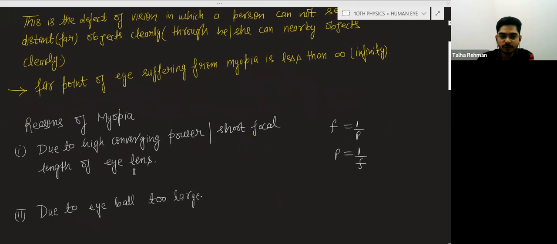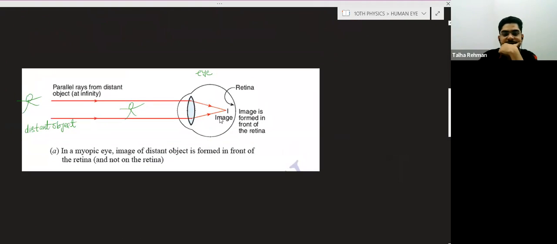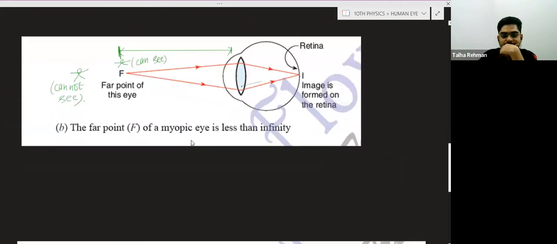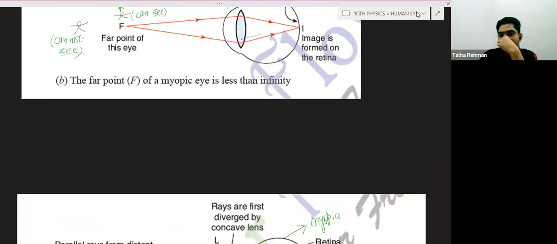What are the reasons of myopia? Due to high converging power, due to the eyeball being too long, or you can say too large. These are the reasons of myopia, and we have discussed the cause and the correction in the last class.